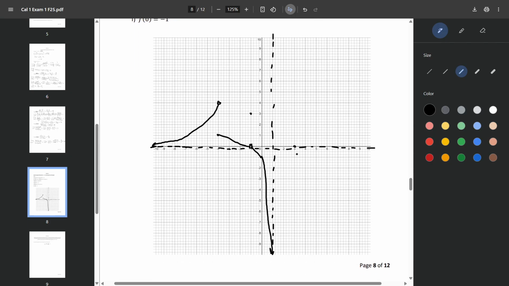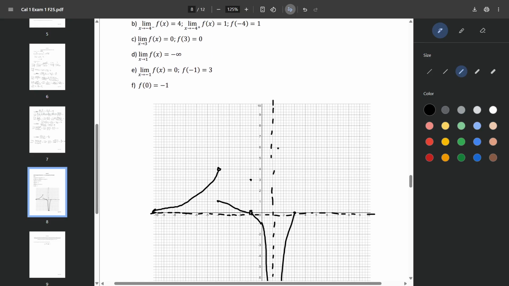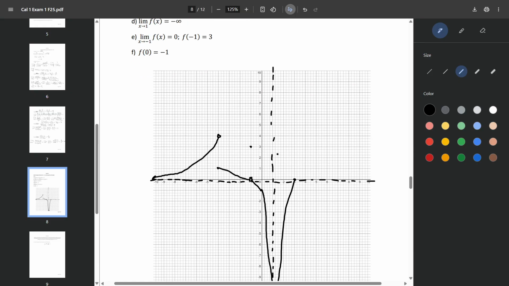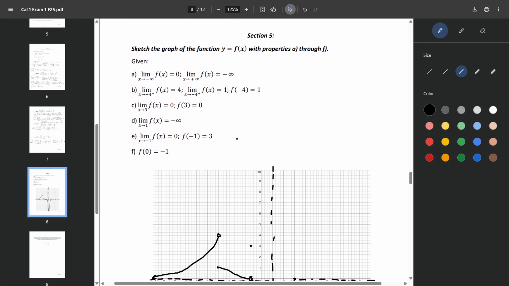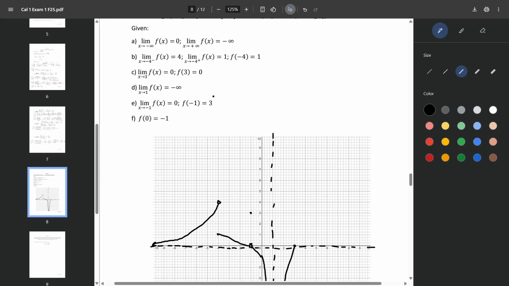So our graph is going to be coming from the asymptote toward 3 from the bottom, because we know it's coming from the bottom and not from the top.